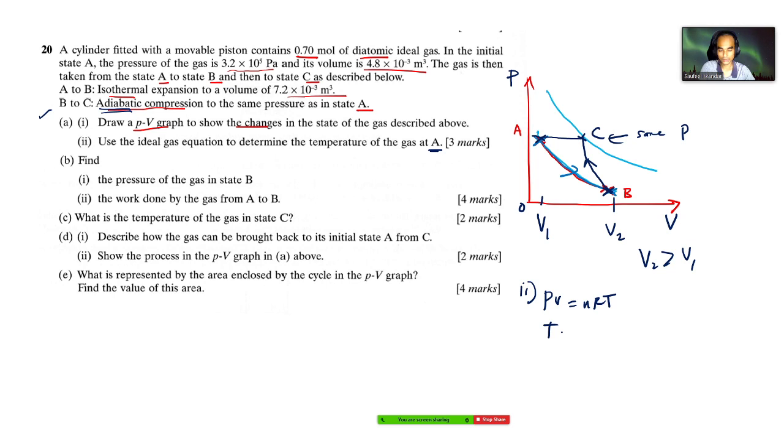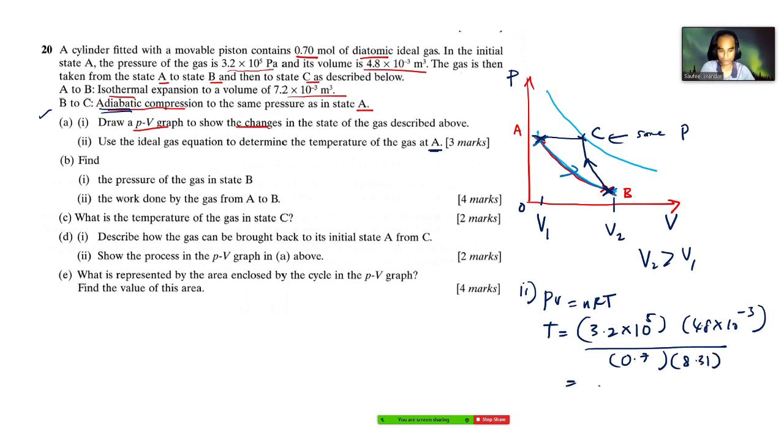So T is 3 over 2 times 3 times 0.2 times 10 power 5, times 4.8 times 10 power of negative 3, divided by 0.7 and 8.31. So you have T equals 264 Kelvin. You got this answer, number 2.